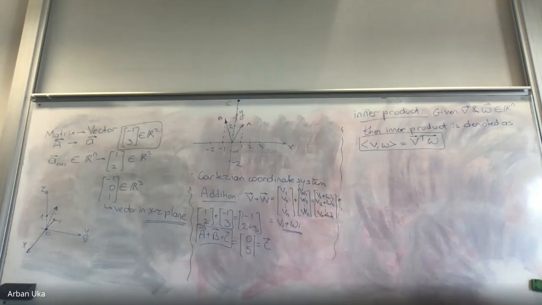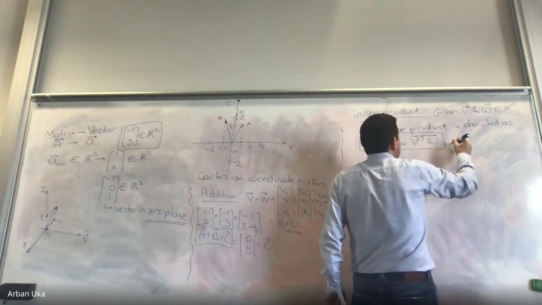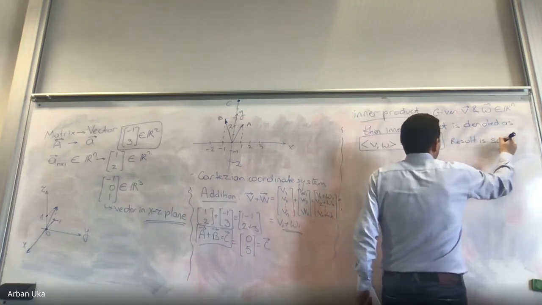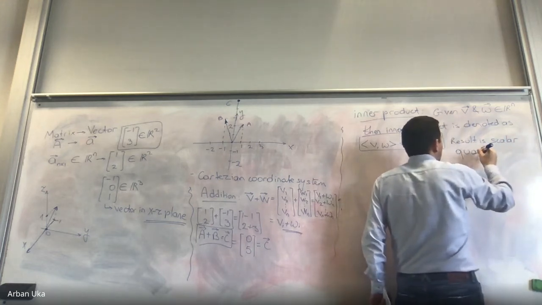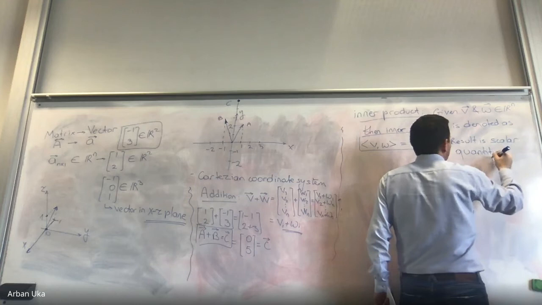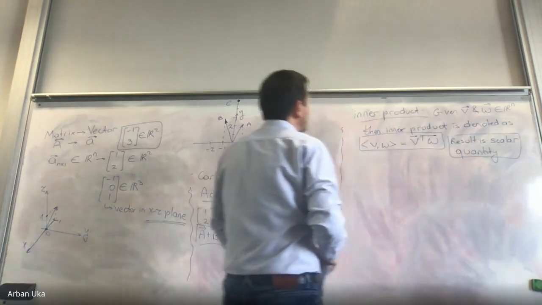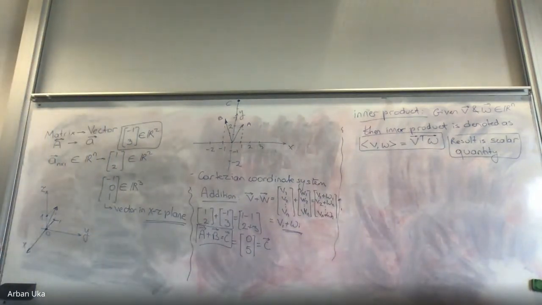So the inner product multiplies two vectors, because it's a kind of product, and the result of this inner product is going to be a scalar.